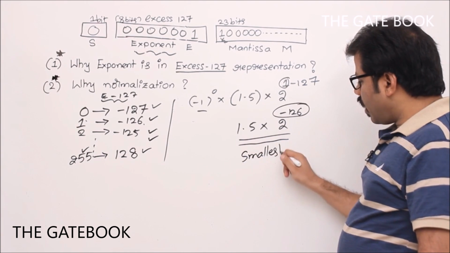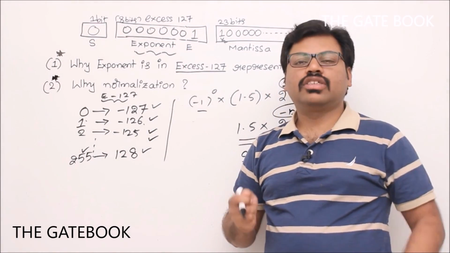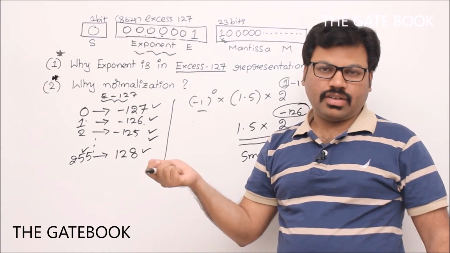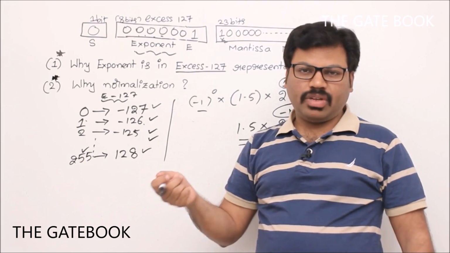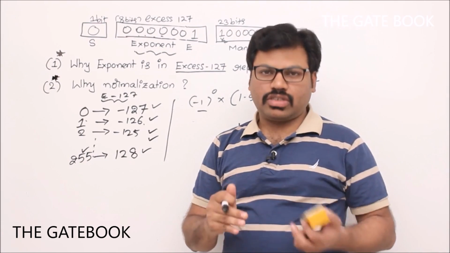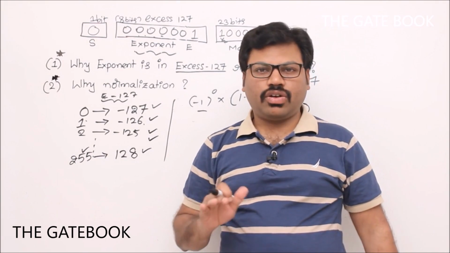So this is a more natural way of understanding that your floating point number is smallest. Your binary pattern also supports it, correct? If I use 2's complement, then you will be writing all ones, but using those all ones, it will be a little bit difficult for your circuit to check that it is smallest. For that, a different circuitry is required.